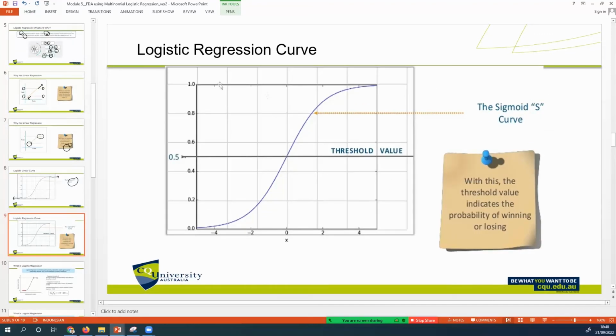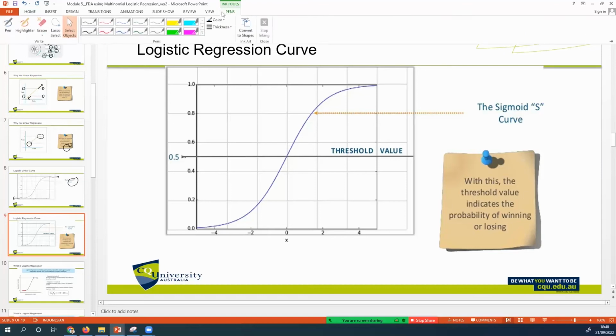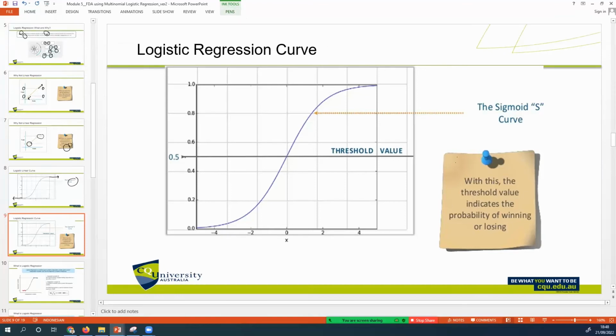How to determine whether it is good or bad? So there is a threshold value. Yeah. If it exceeds the threshold value, then it depends whether you put good as 1 or bad as 1. If you put good as 1, if it exceeds the threshold value, then it is good.